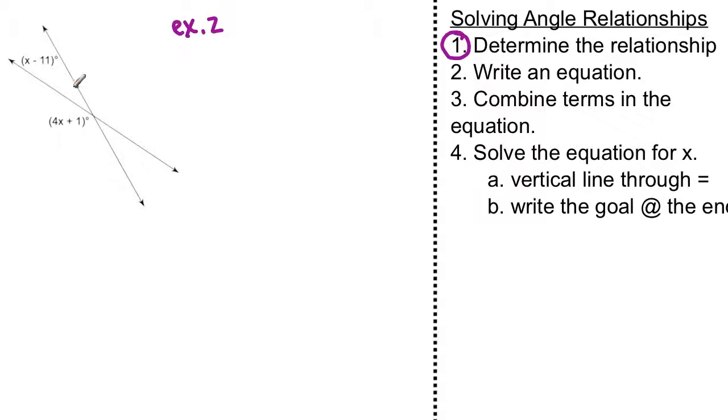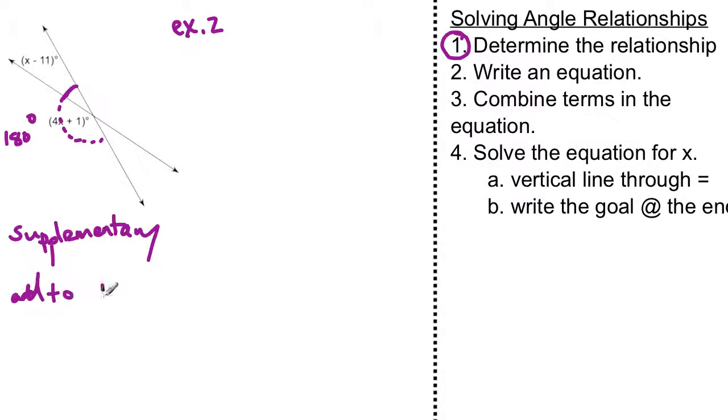Notice that this angle plus this angle is 180 degrees. So these we call supplementary, because they add to 180 degrees.